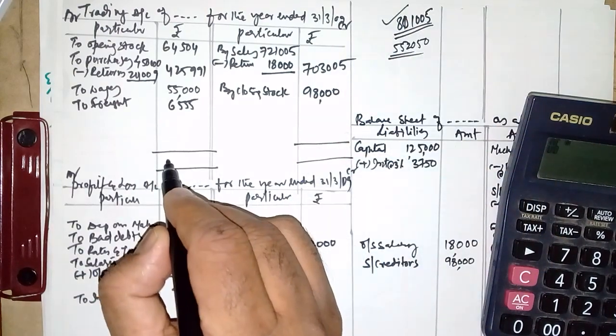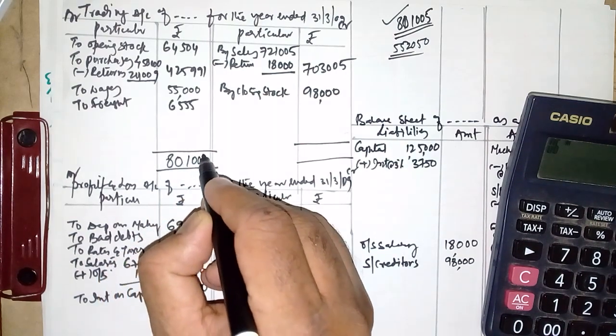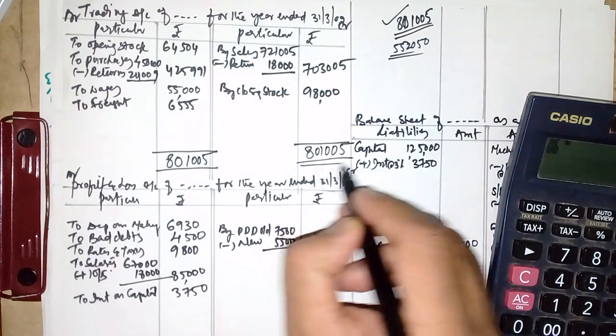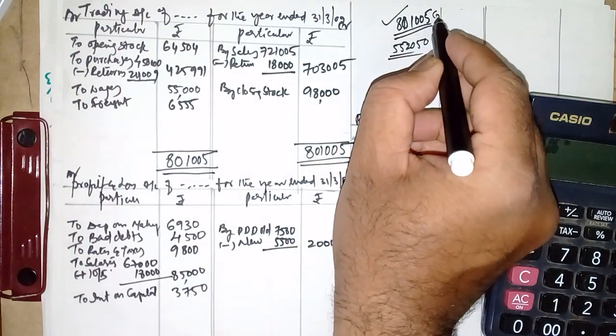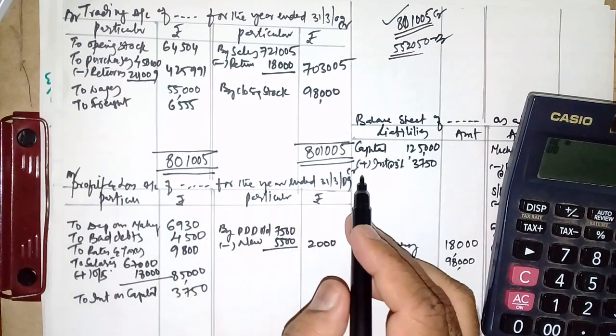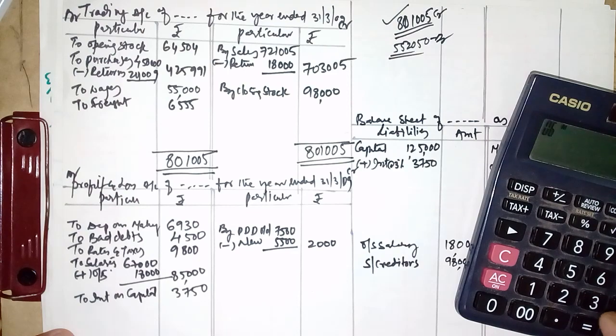Both the sides will write credit total, that is 8,01,005. Just simply you make the total of credit. This is credit total, this is debit total. Both the sides, whichever side is more, you write down. From this figure, whatever debit total you made, that you need to deduct.